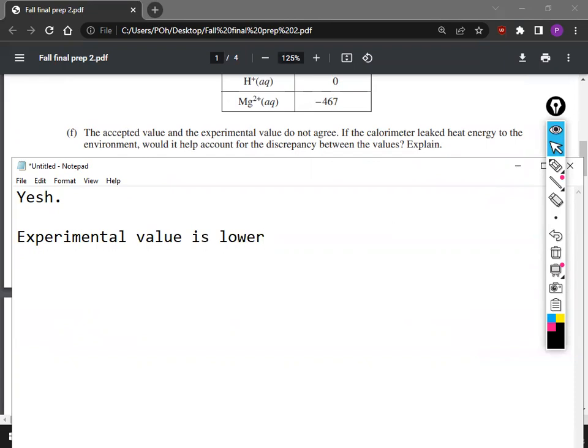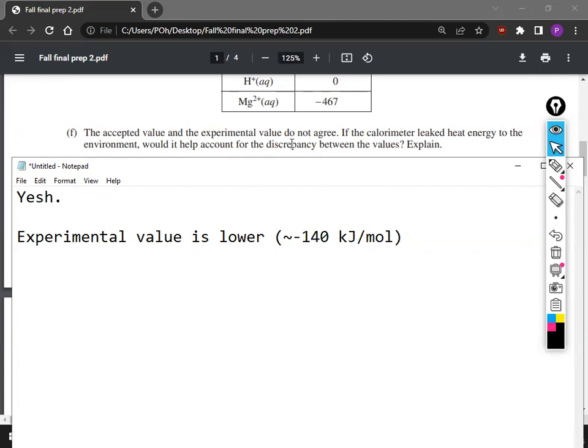Lower. 140 versus 151. 151 was the theoretical, right? Yeah, it's lower. Around negative 140 kilojoules per mole.